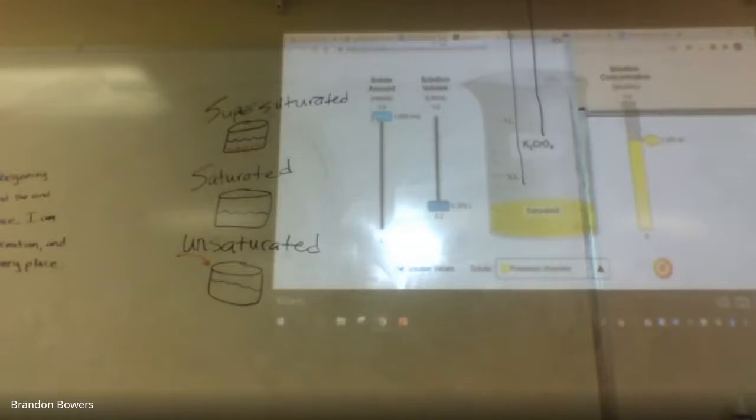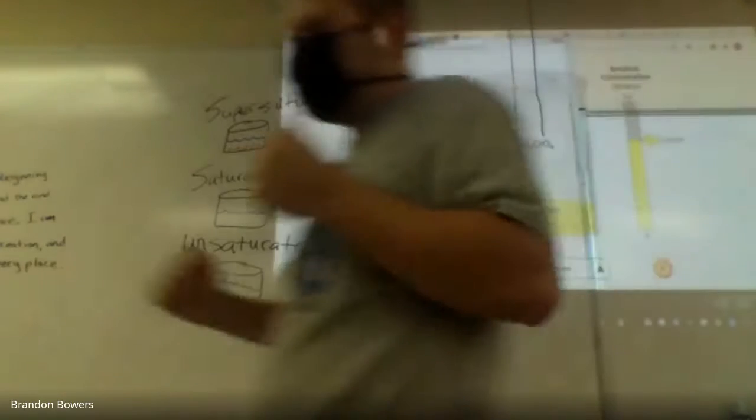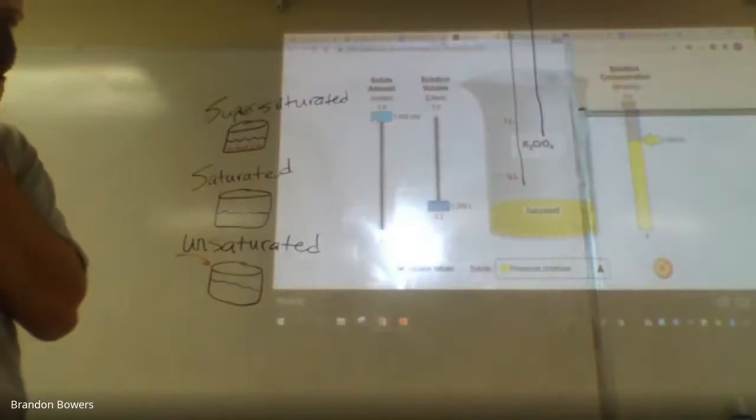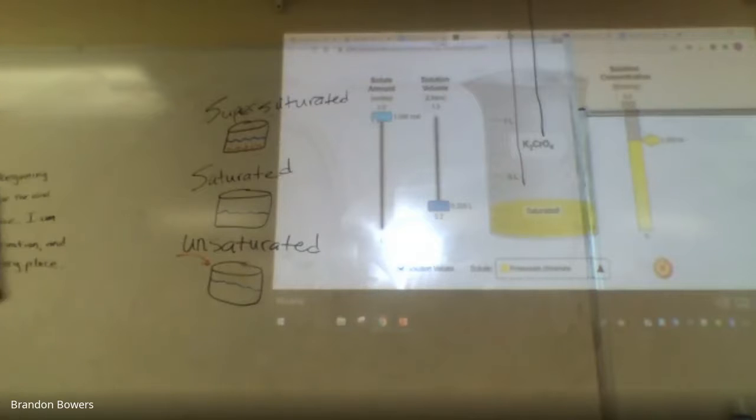Let's say this line right here is the saturation point. So let's say I'm unsaturated. I add a little bit of salt, I move a little bit closer. I add a little bit more salt, I move a little closer.